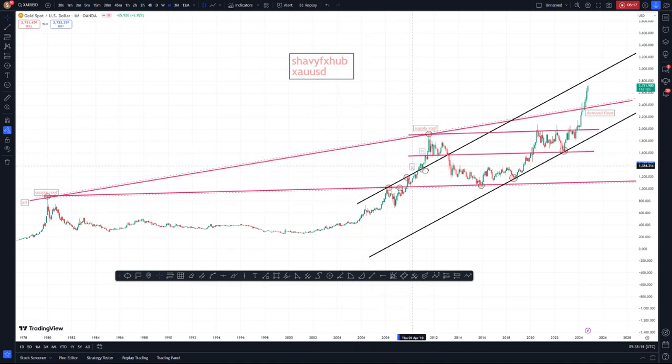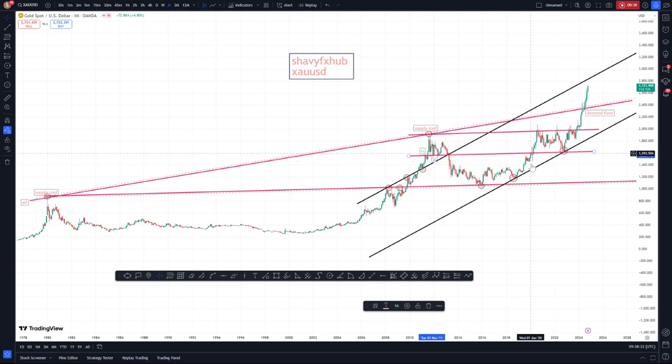Break of a resistance structure becomes SR. Price switching from supply to demand. And when price returned to the support structure, it bought.